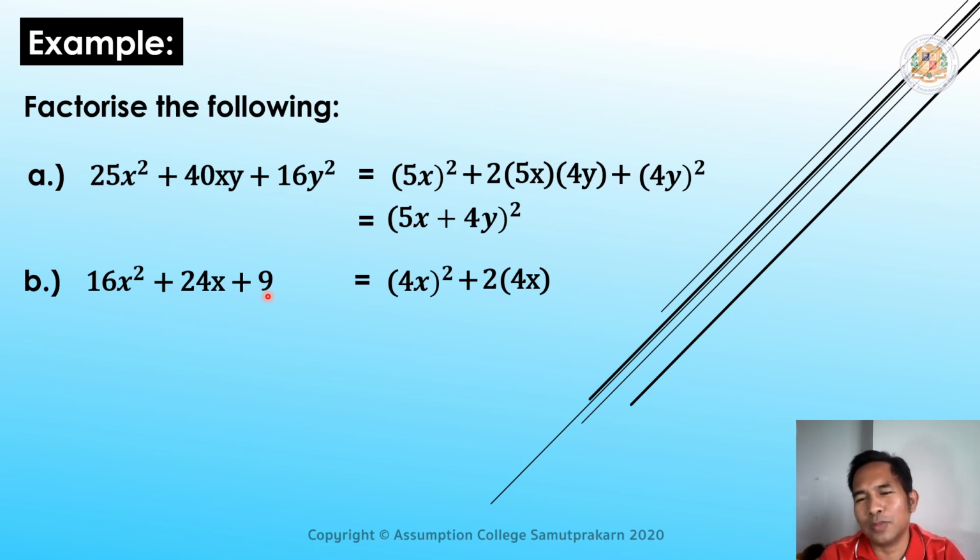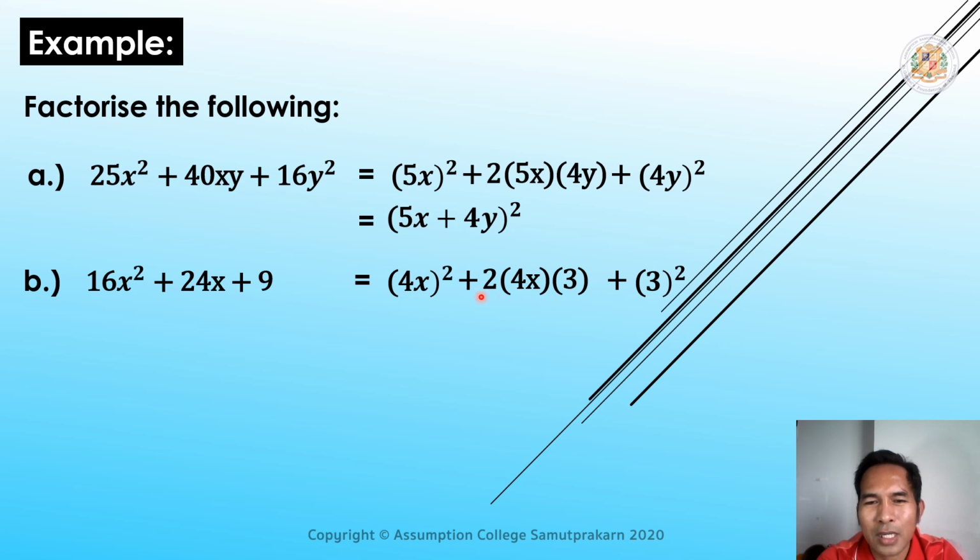What is the square root of 9? The square root of 9 is 3, so therefore 2ab, or 2 times 4x times 3, plus what? 3 squared. Now check again, always check the middle term. 2 times 4 is 8x. 8x times 3 is 24x.